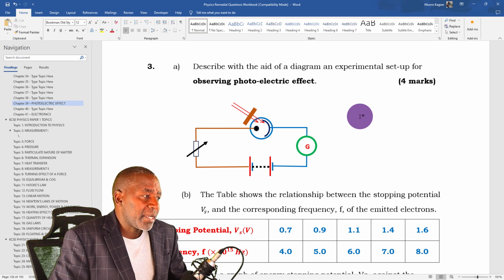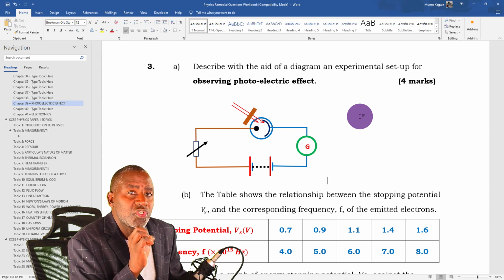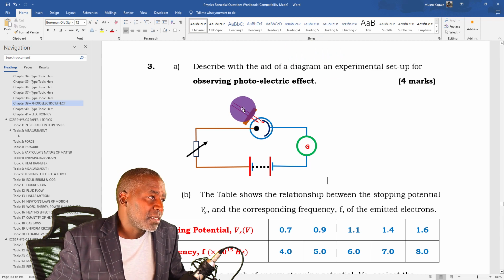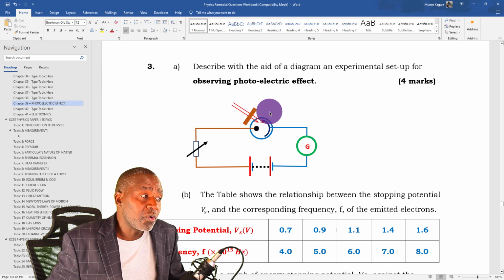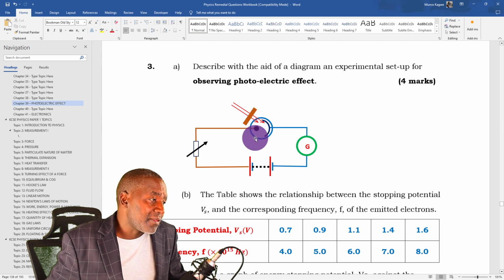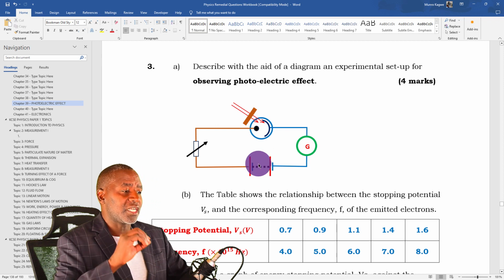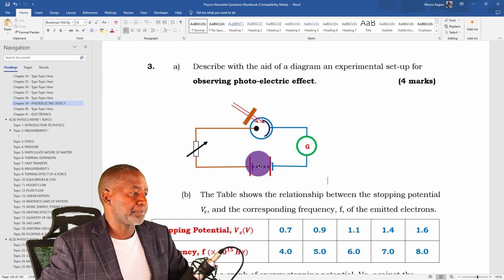So remember, there are pieces of apparatus which cannot be represented with a symbol, such as this, which is a filter, this, which is white light, this, which is monochromatic, must be labeled. You label the diagram. But the other pieces of apparatus, you don't need to label them, because it is understood that you know what the symbols mean.